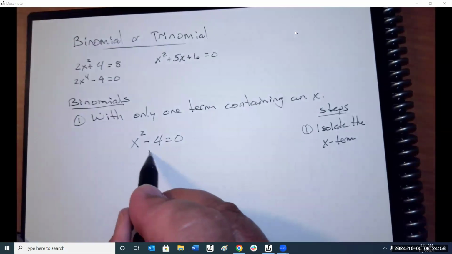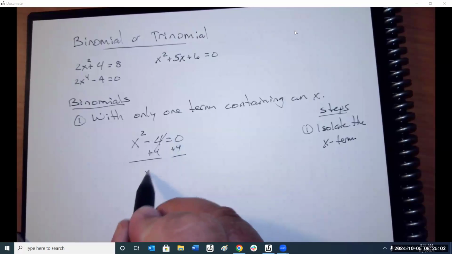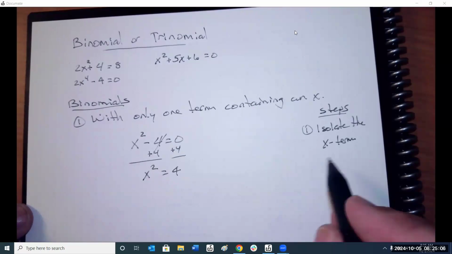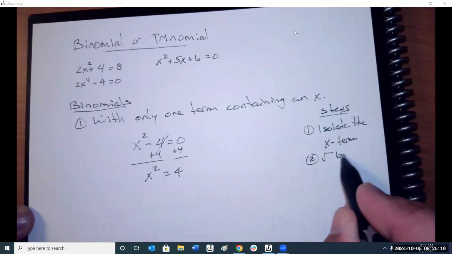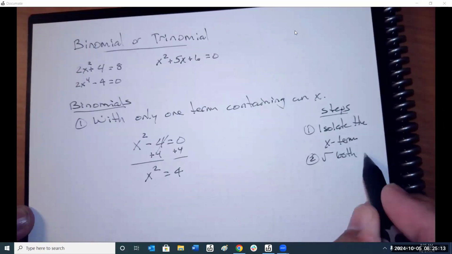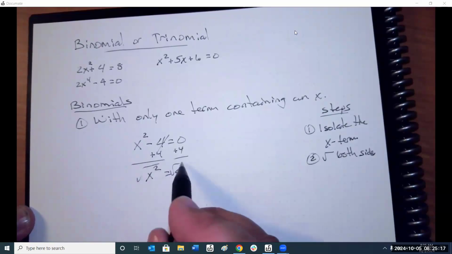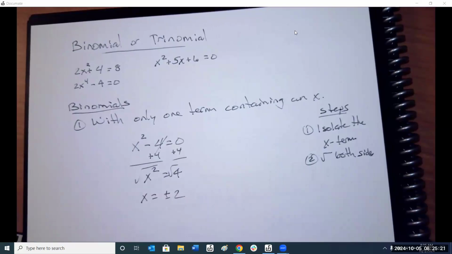So we have to get rid of the 4 on both sides. So we have x squared equals positive 4. Then square root both sides. So x is equal to plus or minus 2.